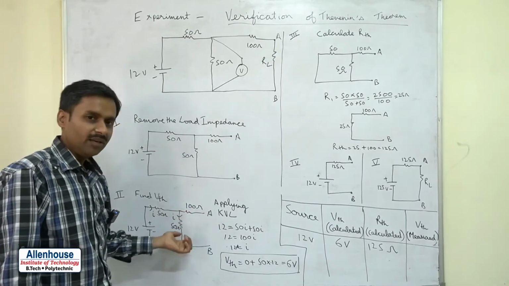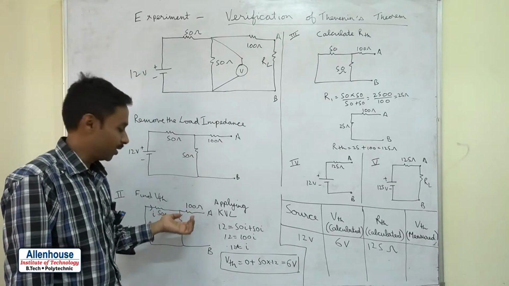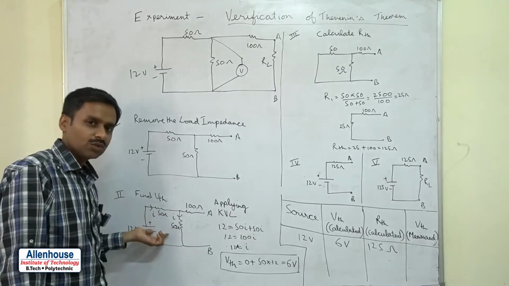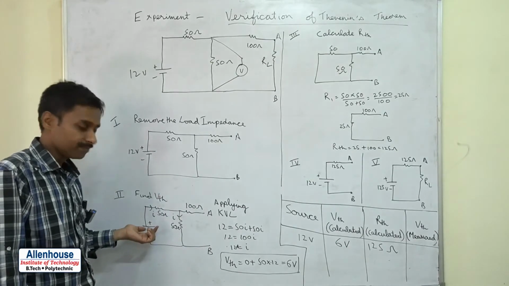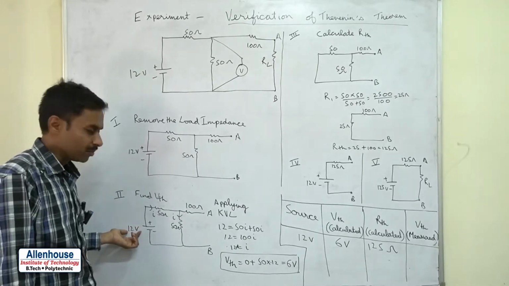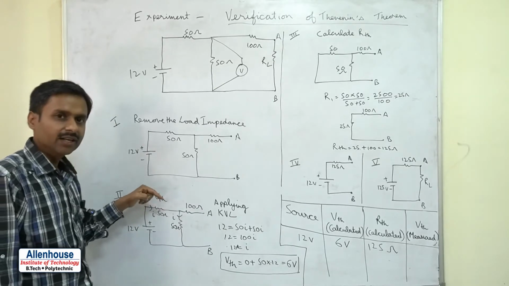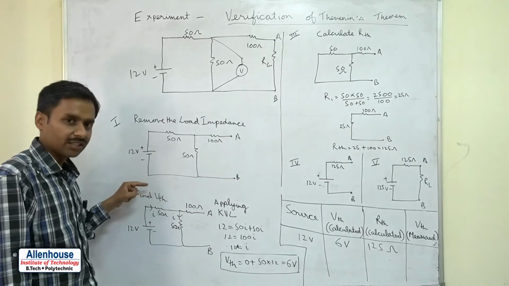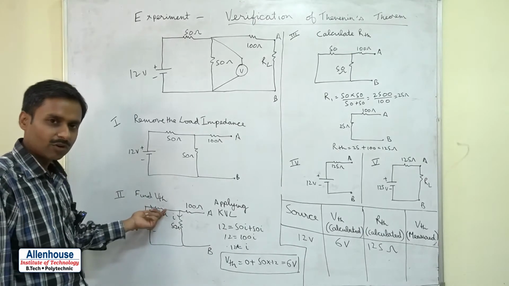To calculate VAB, we apply KVL or KCL, whatever laws and calculations are required. Since there is a single closed loop, we can use KVL. Starting from the positive terminal of the 12 volt battery: 12 equals, moving here, the current arrow direction is the same as our direction, so it is positive 50 into I, the voltage drop across this resistance.